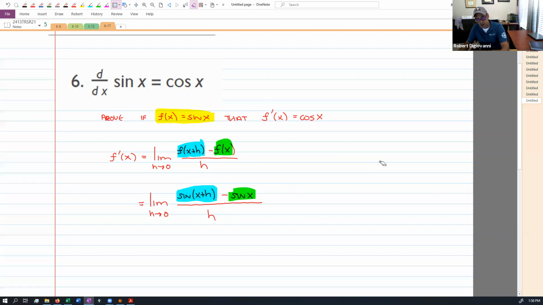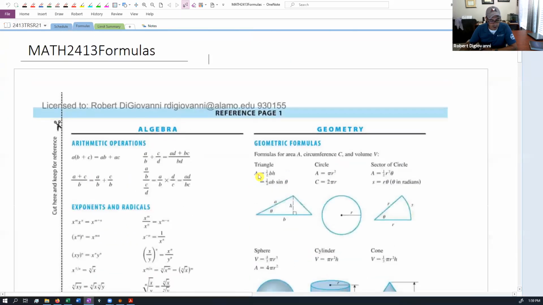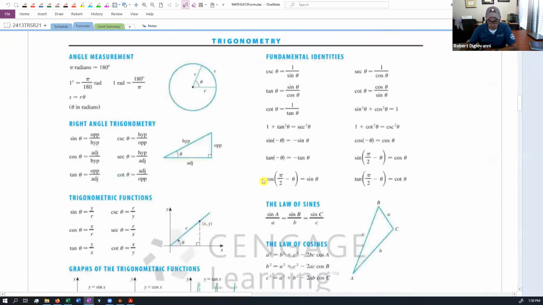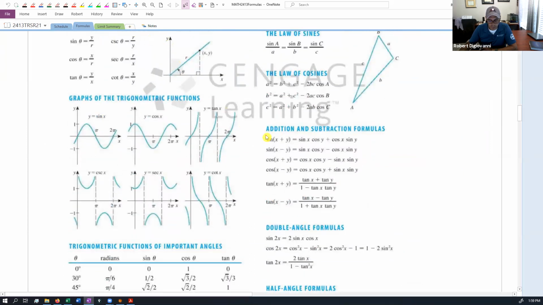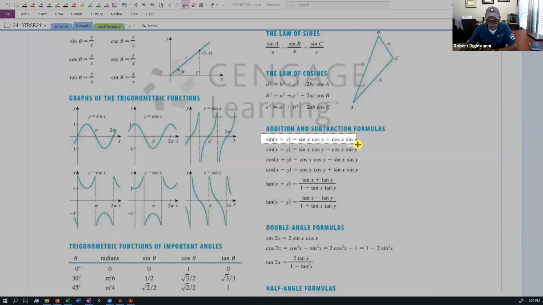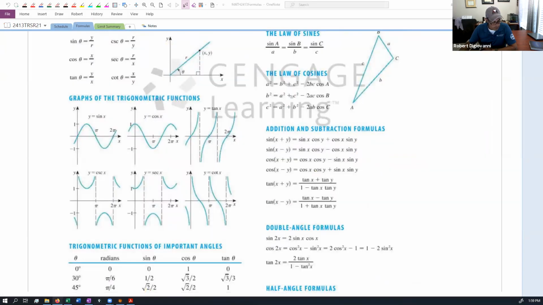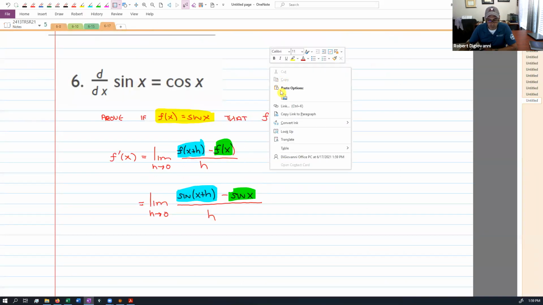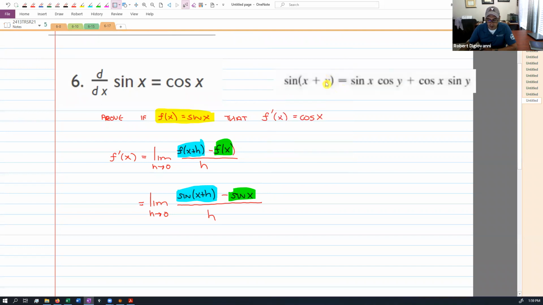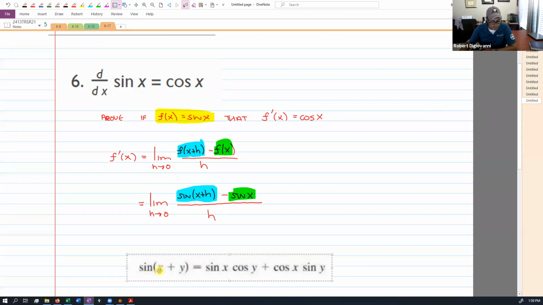So what we can do, though, is go back to pre-cal and go back to our formulas in pre-cal. There was one right here. I can use this formula from pre-cal that if you ever have sine of something plus something, it can turn into this. So for us, we have x plus h, not x plus y.